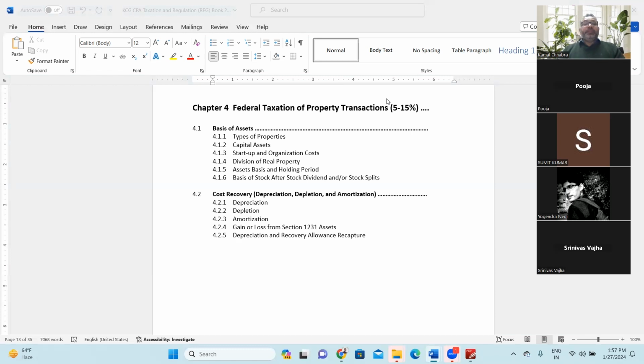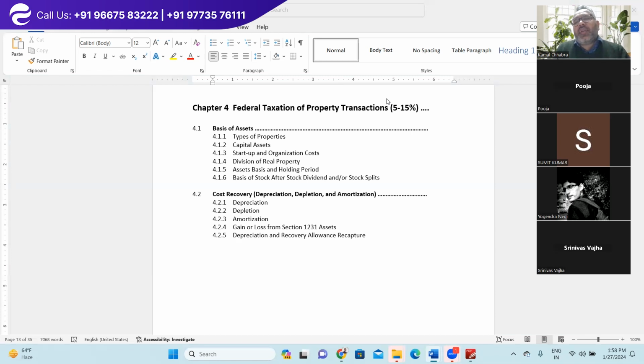Then after, there is a specific provision that comes under section 1231, which is for gain or loss, generally considered as a recapture of depreciation that needs to be treated as ordinary income. So we'll be discussing depreciation and recovery allowance recapture.